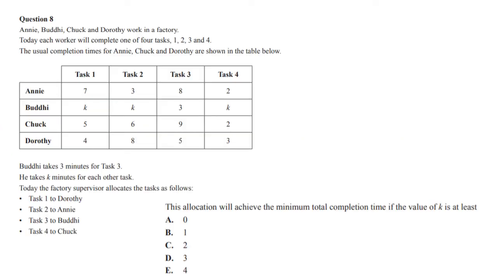Okay, this is an allocation problem, and we know that because it said allocation. And allocation problems normally involve a bipartite graph. So maybe if we just draw that bipartite graph out, we can talk about what we're trying to do. When we're doing a bipartite graph, and you've got Annie, Buddy, whatever you want to call them, I'm going to call them Buddy.